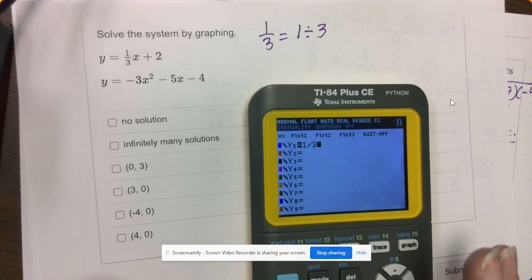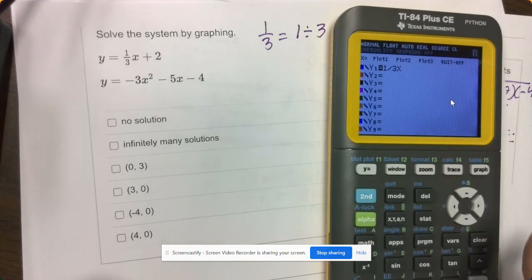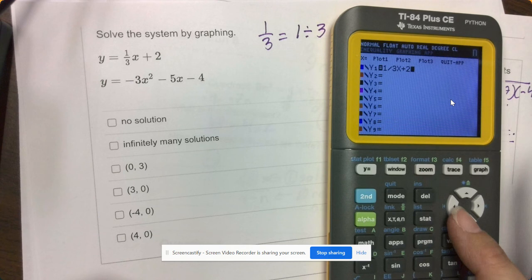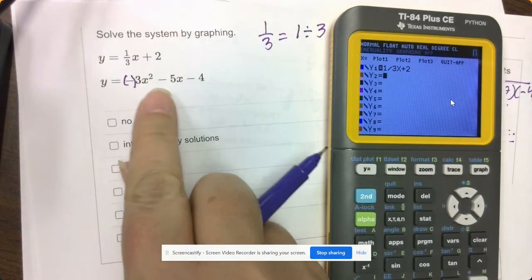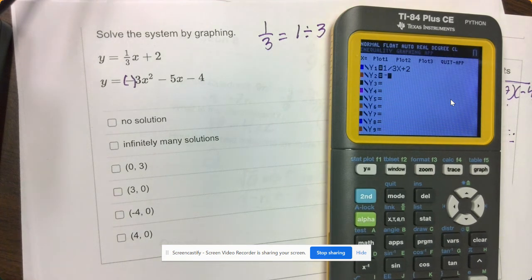X, everybody right next to the alpha key. And then we go plus 2. Okay. Remember to use the negative sign, everybody. This we use minus. X squared minus 5x minus 4. Okay, and then we're going to graph it.